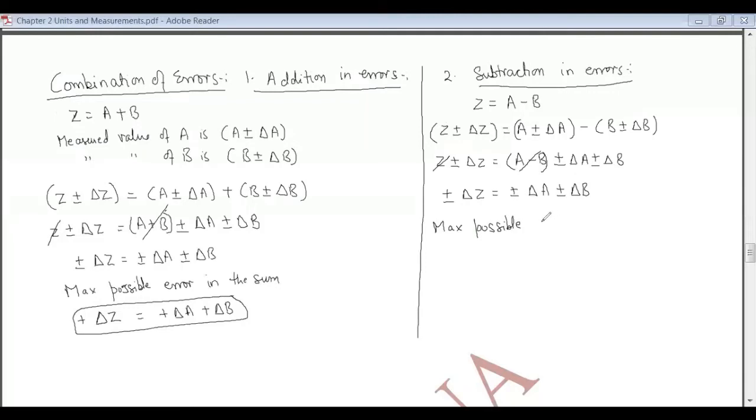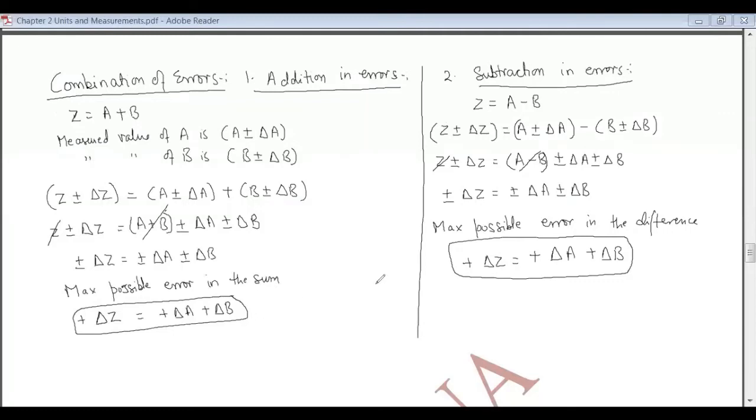So the maximum possible error in the difference will be equal to plus delta Z, which will be equal to, as we are considering the positive sign, plus delta A plus delta B. So again we get the same result, that is, the maximum possible error in the difference is the sum of the absolute errors in the individual measurements.